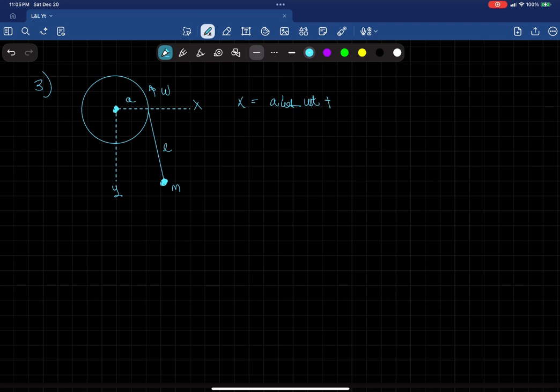But we don't just have that, because the pendulum is moving along with the circle, so we can also describe this part as corresponding to the sine of that triangle. So we will also have L sine phi.